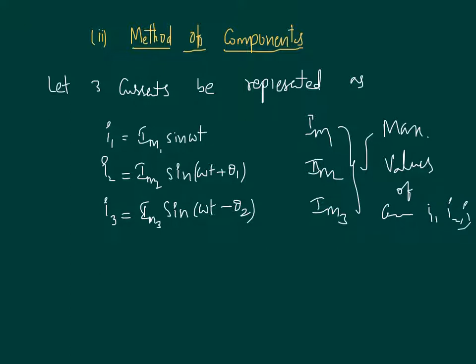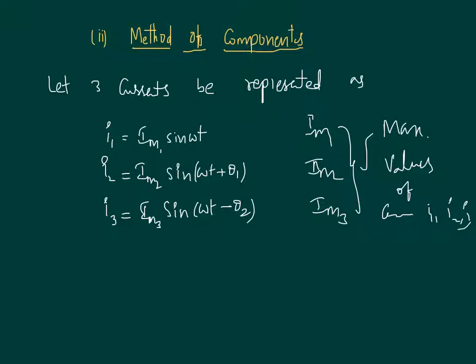Now, how can we add these three phasors? It is very simple. First, we have to resolve these AC quantities into coordinate quantities.